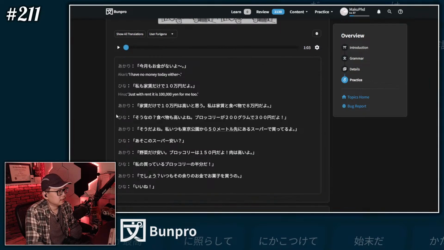Either works. And then rent alone is really high, like 100,000 rent is pretty high, I think, or pretty expensive. And my rent and food, or like grocery stuff, is 80,000 yen.